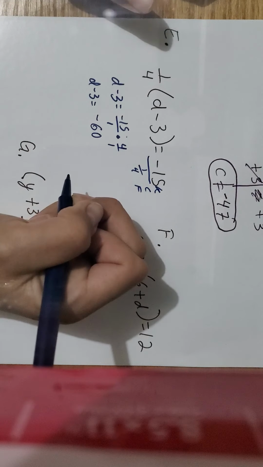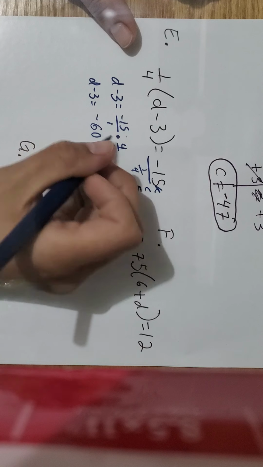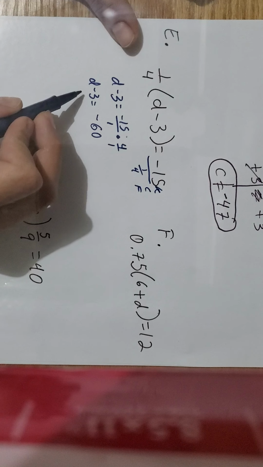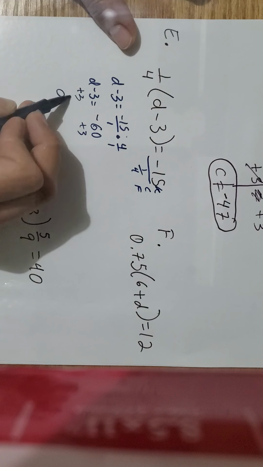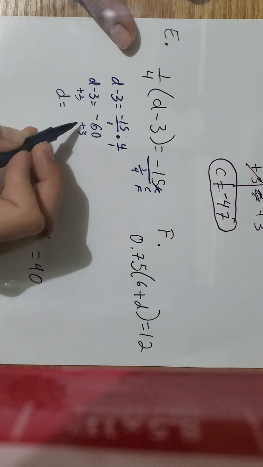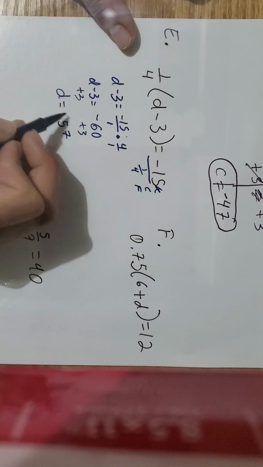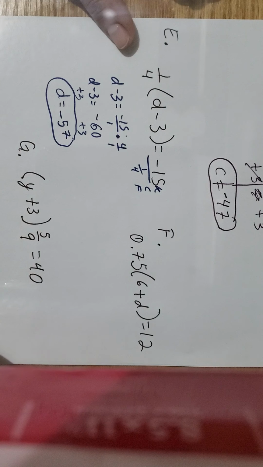And then because 1 times 1 is just 1, it's just negative 60. Okay, now because it's d minus 3, plus 3 on both sides, leaving you with d equals. You subtract, so 57, negative, because that's the bigger number's sign.